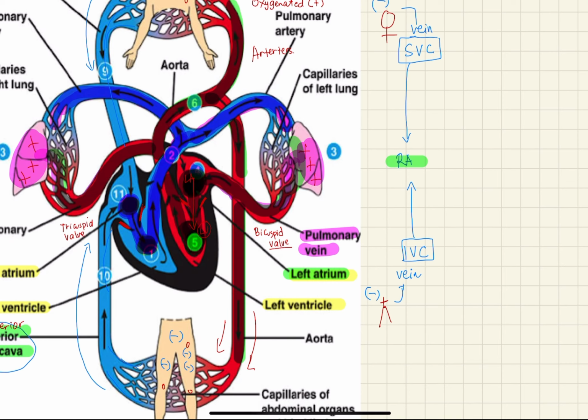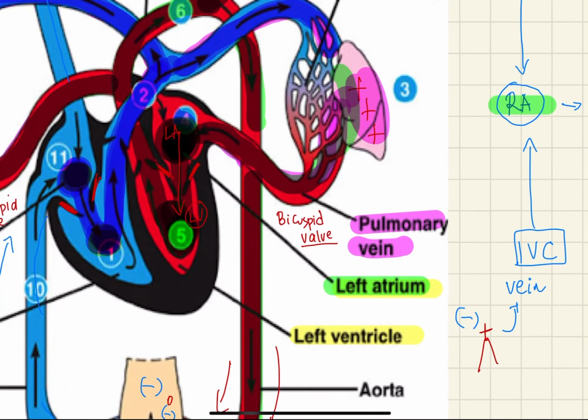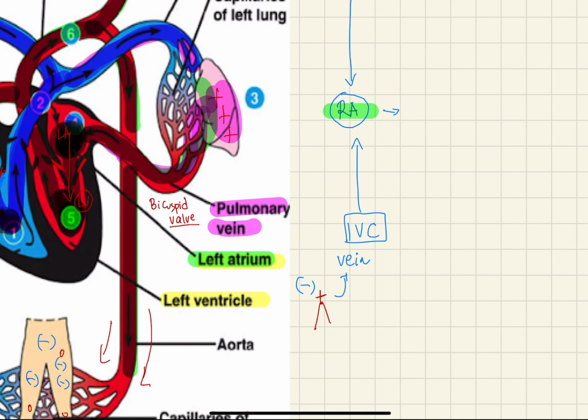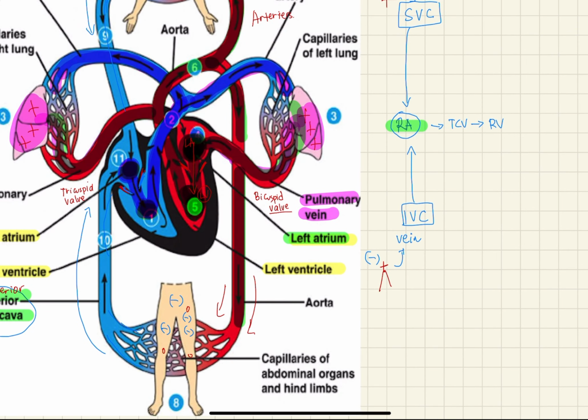So after po nilang pumunta sa right atrium, the next thing that will happen is that the blood from the right atrium will pass through the, dito po, tricuspid valve, ditong parte. Dadaan siya dito. So sulat natin. Blood will pass the tricuspid valve and then they will now go to the right ventricle. Okay po ba yun? So, nandito na po tayo sa right ventricle. At saan siya makikita? Dito.